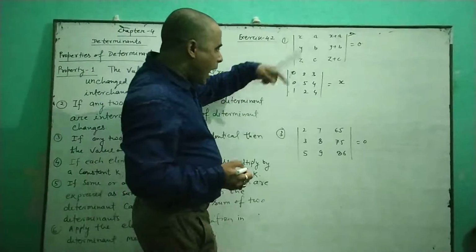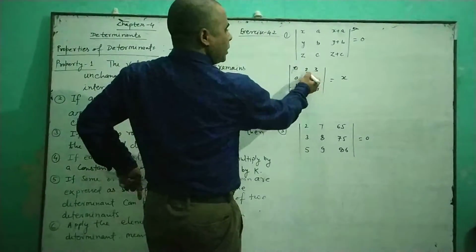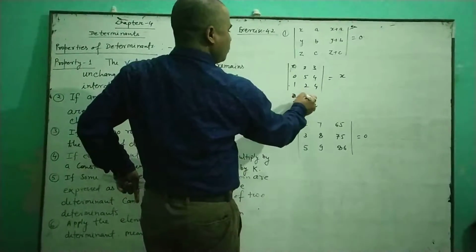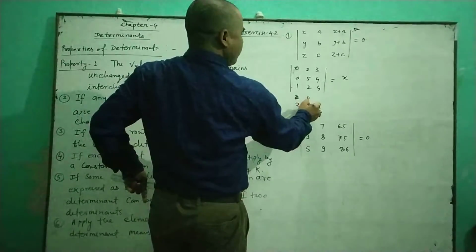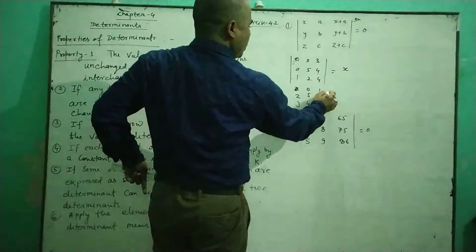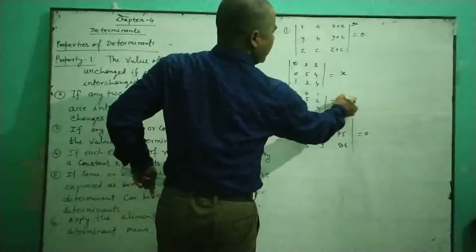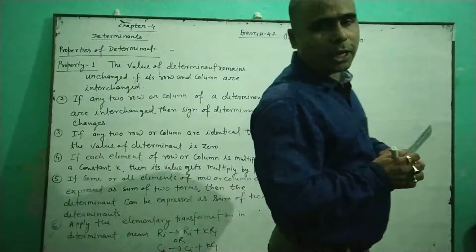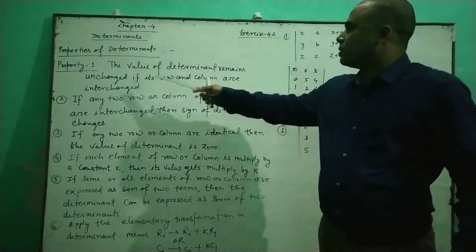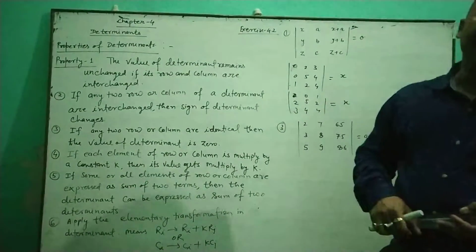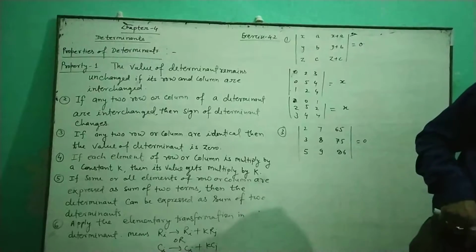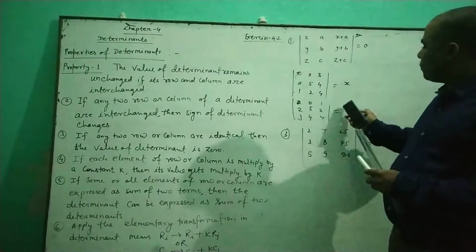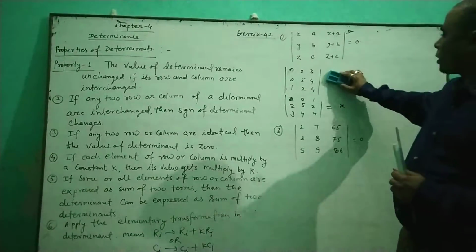And we change the rows and columns, it means 2, 0, 2, 3 here and 0, 5, 4, 1, 2, 4. And the value of the determinant will also be x. It means in this condition, the value of the determinant remains unchanged if rows and columns are interchanged.